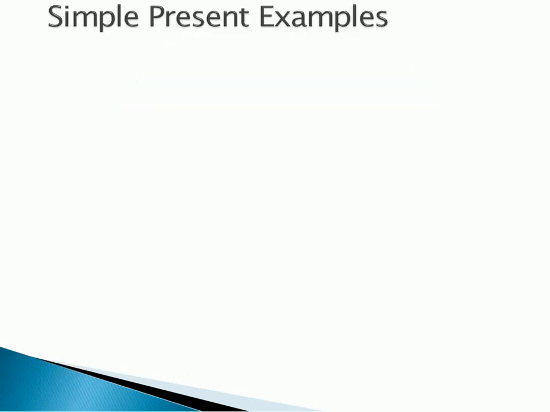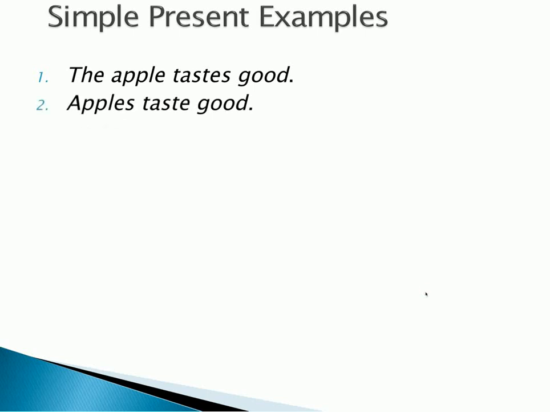Let's see some examples. The apple tastes good. In this case, it's a present situation and you're talking about a specific apple. Apples taste good. Now it's a little different. It's a general truth. All apples taste good.